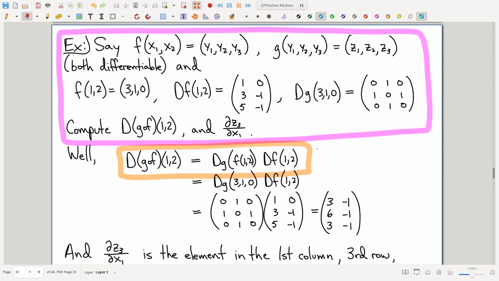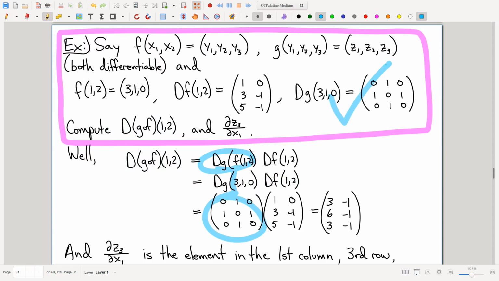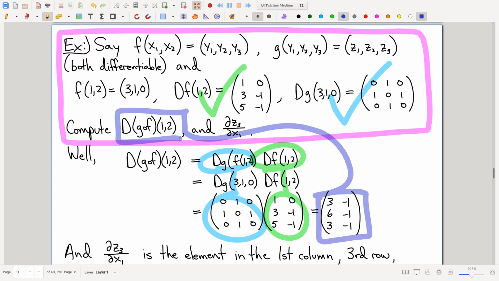And so all I have to do then is take the values that I have for those given derivative matrices and multiply them together, and boom, done. There's our derivative matrix for our composition. Pausing for questions.